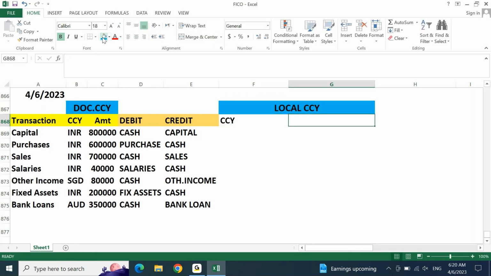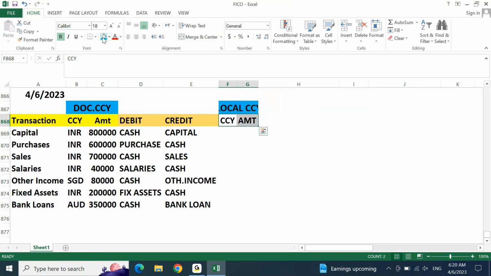I'll put currency, I'll put amount. Now, for local currency to get updated, what is needed? We have to configure. So first of all, what is our local currency?